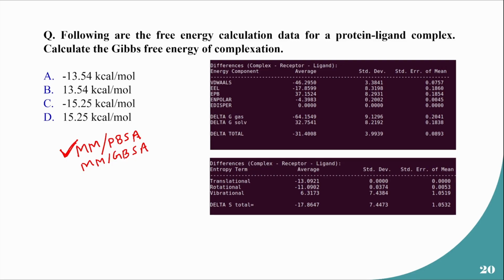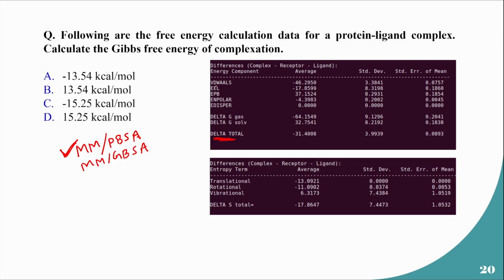First you have to calculate the final state value, the complex or bound state value, minus the individual values for the protein and the ligand, or the receptor and the ligand. That is why the difference is mentioned here, complex minus receptor minus ligand. The sum total is termed the delta total.